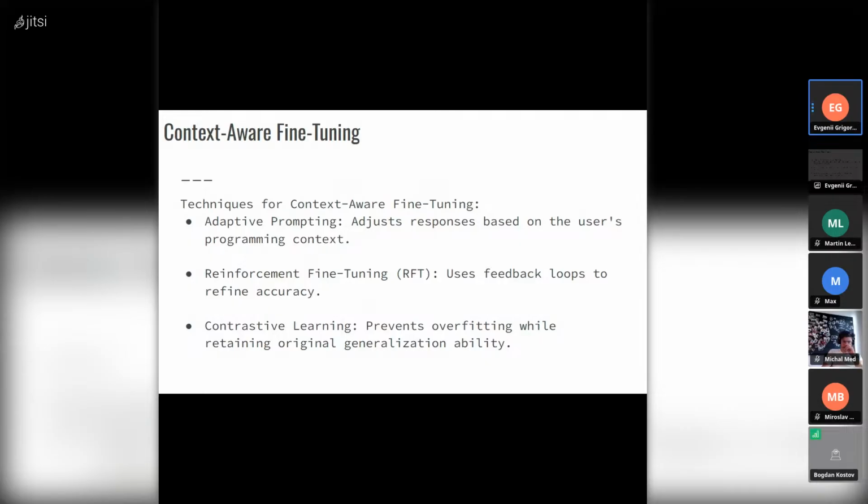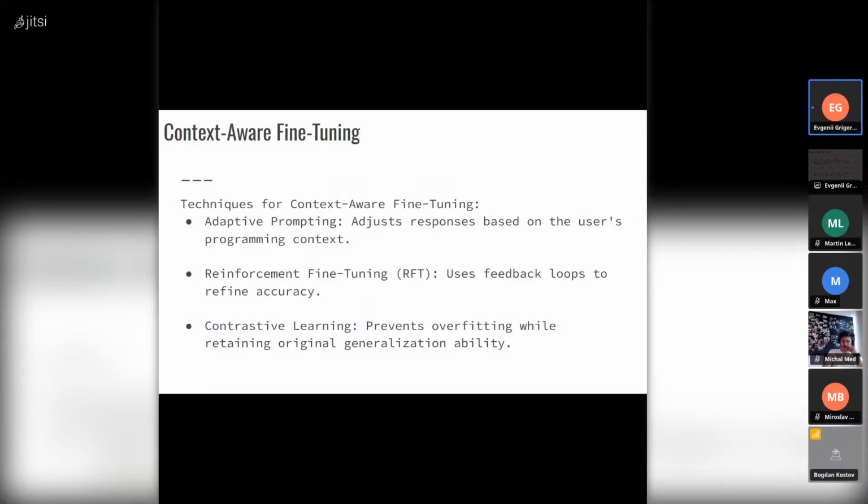Then there is reinforcement fine-tuning, which is basically connected to human interaction. Like, a human can often put likes or dislikes on some answers of the neural network, so it gets some penalty if the user doesn't like its answer, or it can get some penalty if some code analyzer shows that the code is buggy.